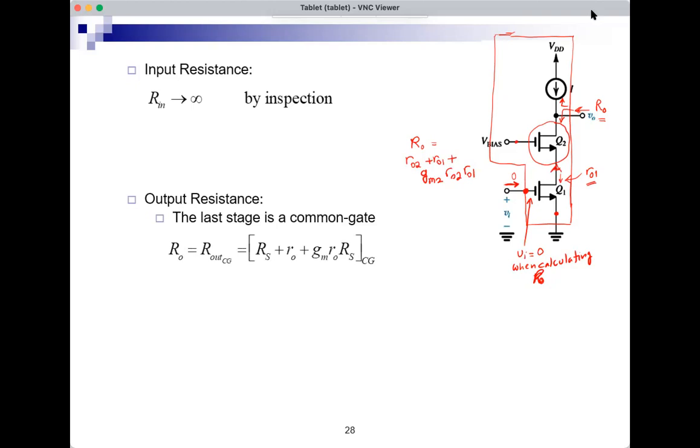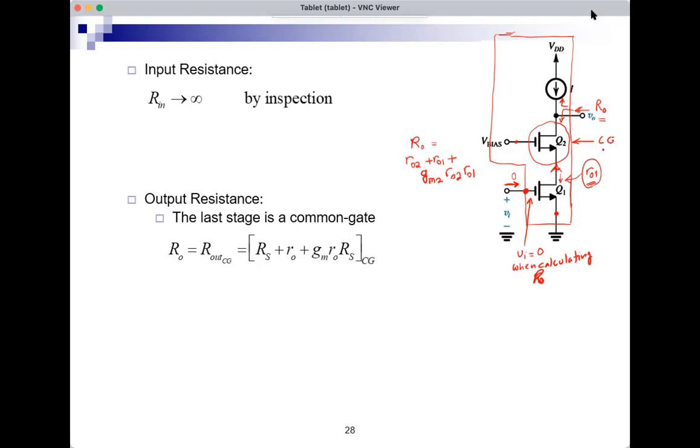Another way to get the exact same result is to say, well, the last stage is common gate. And I have an equation for the output resistance of common gate when there is an RS. So I can get the exact same result by considering that RO is the output resistance of a common gate with RO1 being RS.